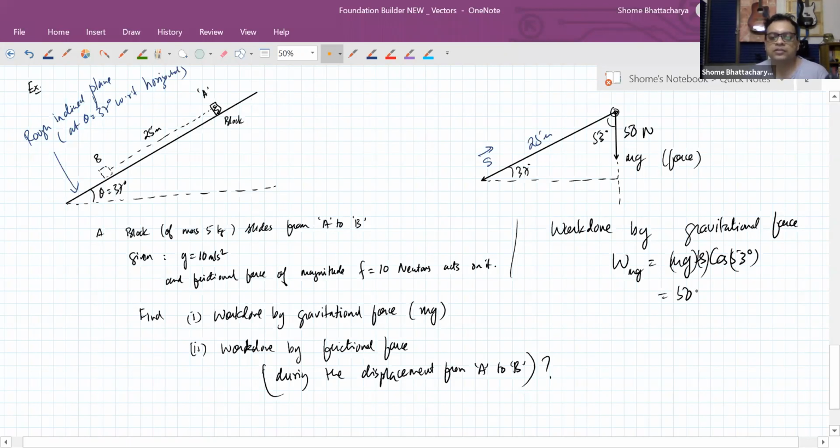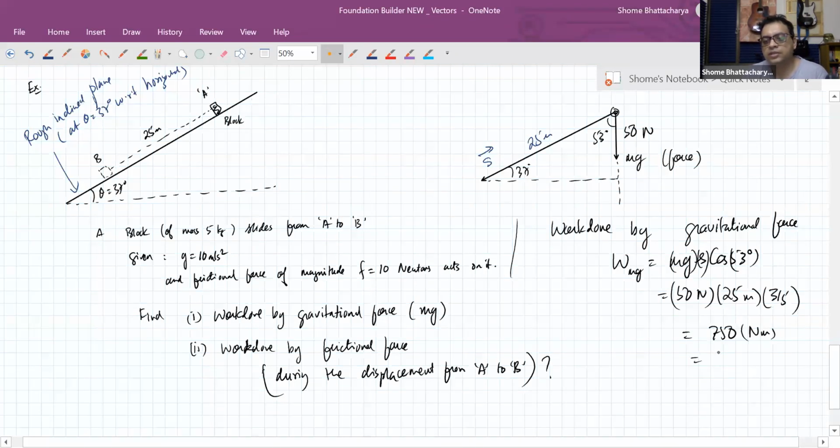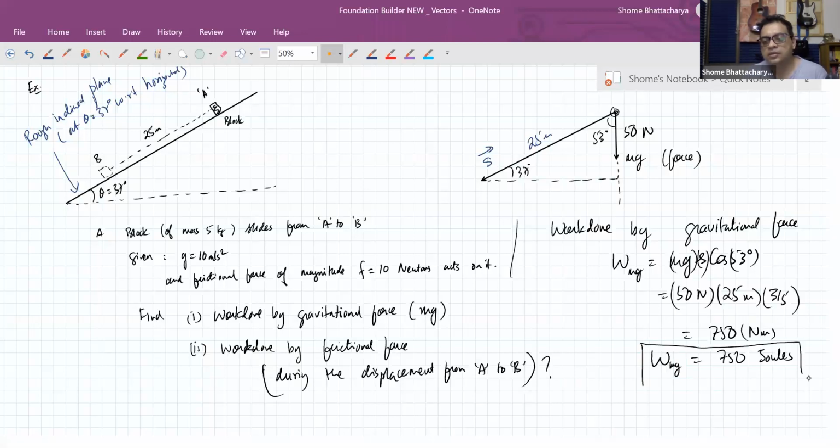So it is 50 newtons multiplied by a displacement of 25 meters, but multiplied with the cos 53 factor, which is going to be 3 by 5. So it's going to be 750 newton meter, or that is the same thing as 750 joules. This is the work done by the gravitational force. This is the answer to the first part.